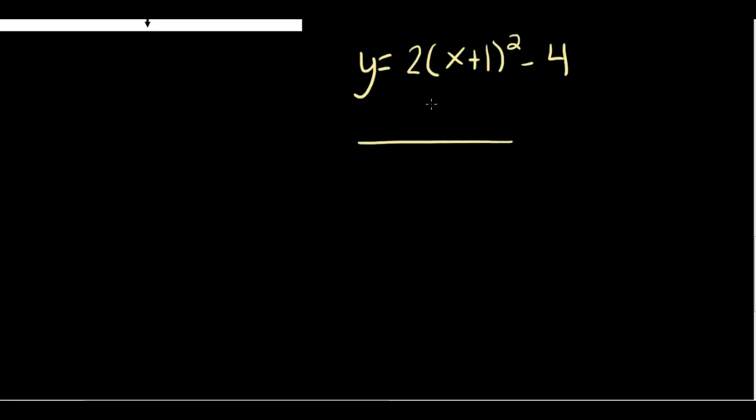So again, I'm going to have my table of values, x and y. Now, this value, the one in front of the x plus 1, which is the value of a, will go here in front of the y. This one is going to go here. And this one goes here, but it's always the opposite, so it's going to be x minus 1.